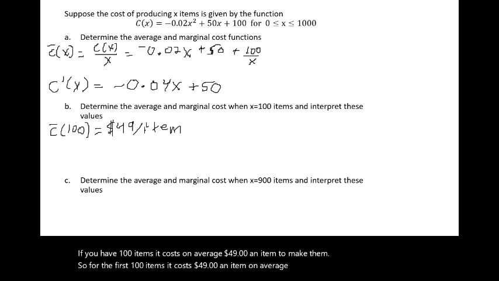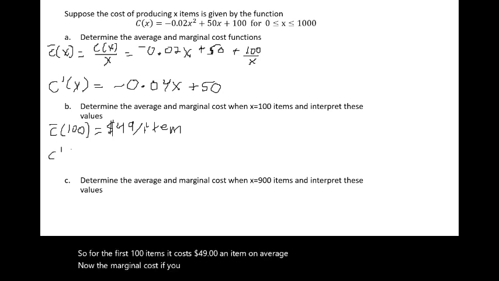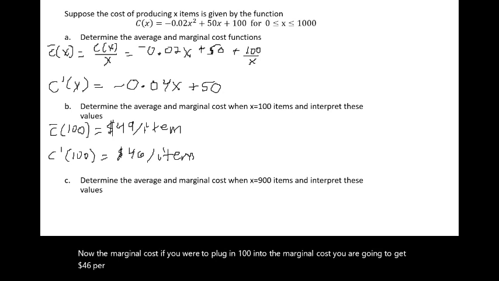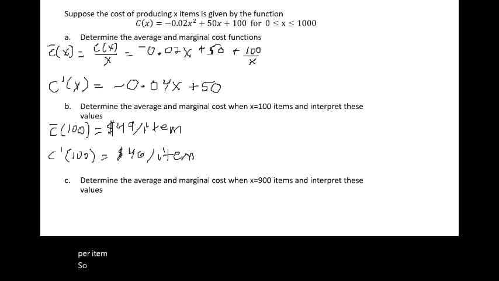Now the marginal cost: if you plug 100 into the marginal cost, you are going to get $46 per item. What this means with the two of them together is that the cost of producing 100 items averages out to approximately $49 each. However, after the 101st item, the average cost is going to go down to only $46 per item.